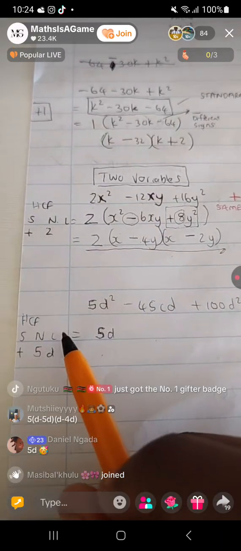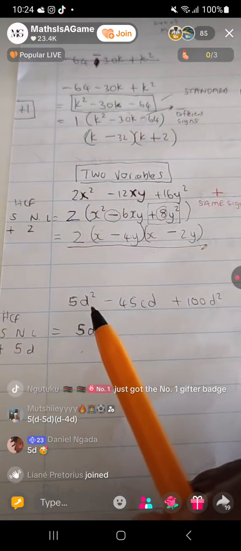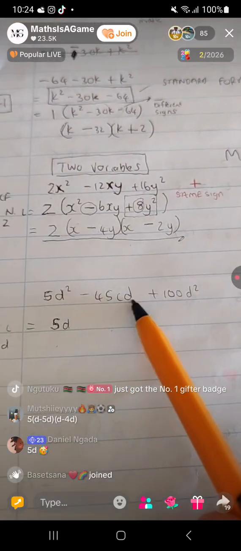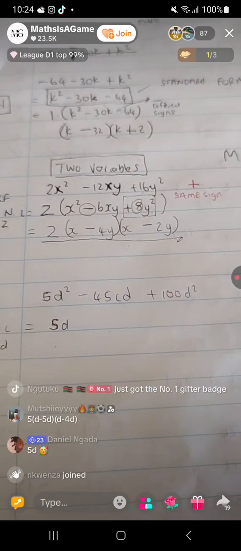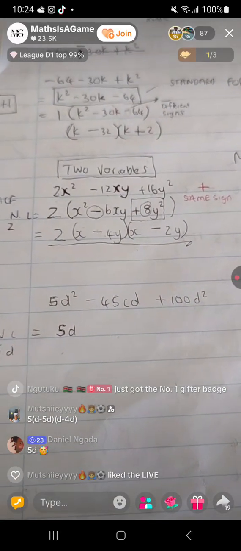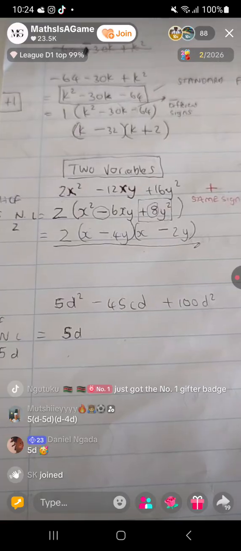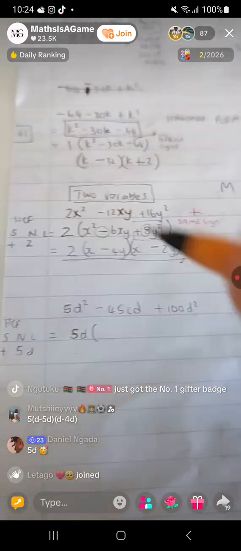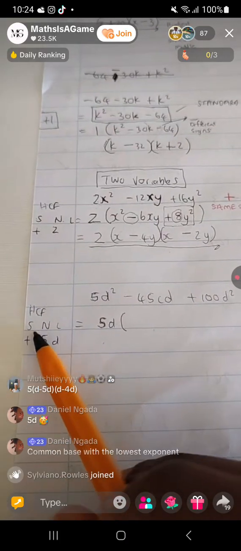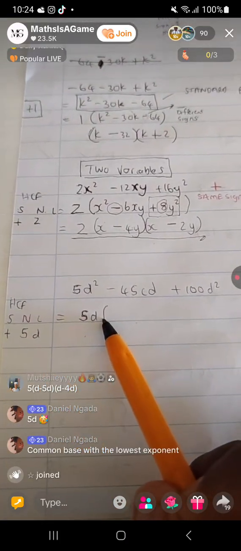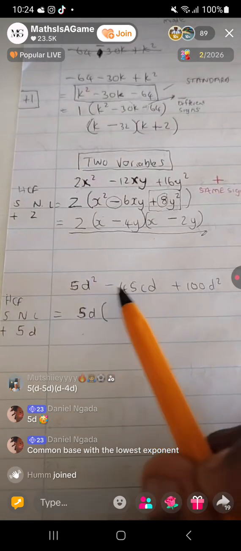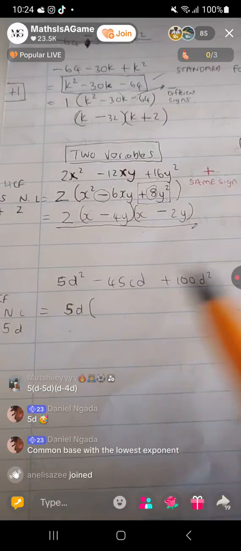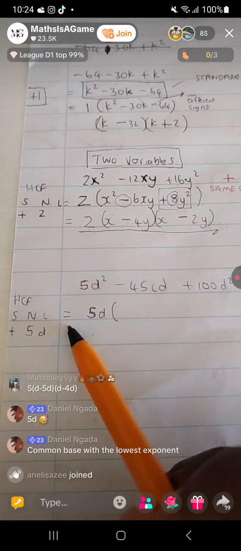Between D squared, D and D squared, which one has the lowest exponent? It is D. When we take that out, we have the highest common factor, which is 5D. Yes, common base with the lowest exponent. That's how we locate our highest common factor letter.